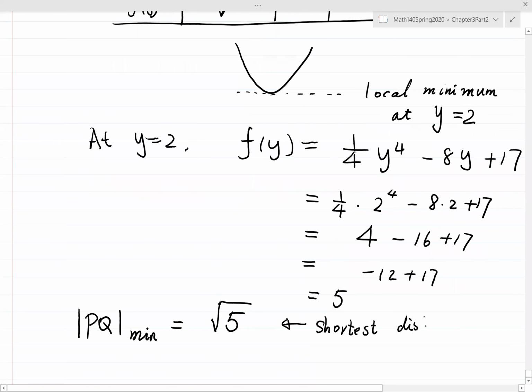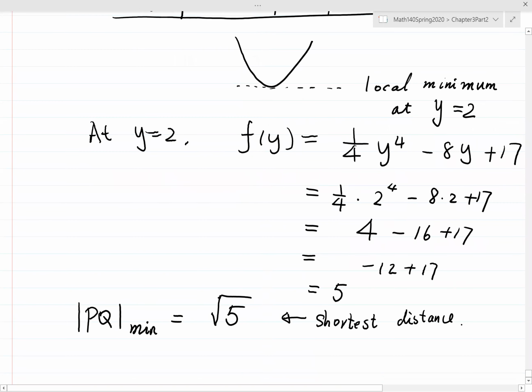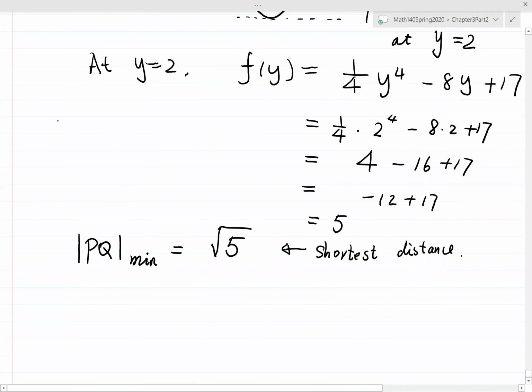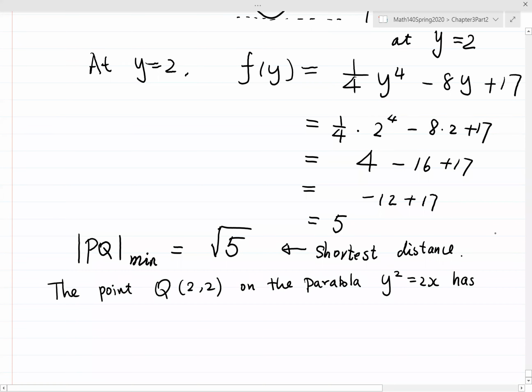Then the conclusion that we write down is: the point Q at y equals 2 on the parabola y squared equals 2x has the shortest distance.